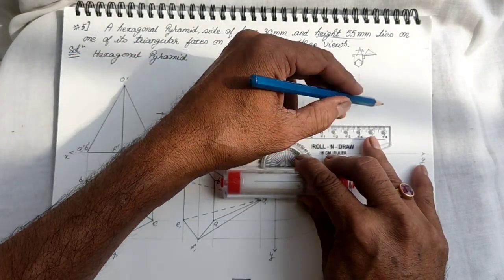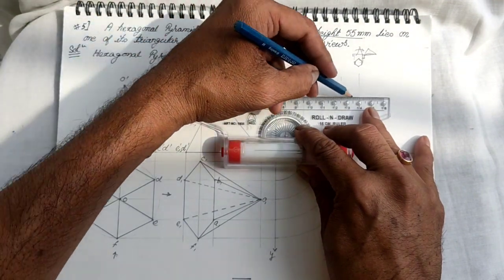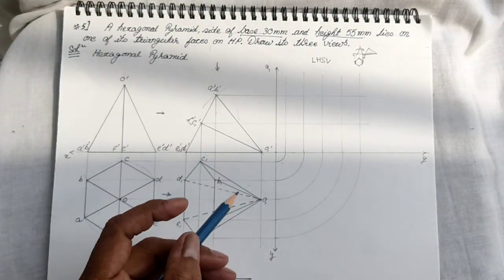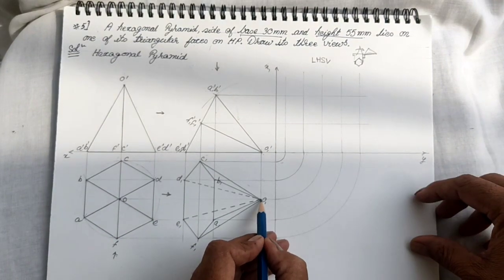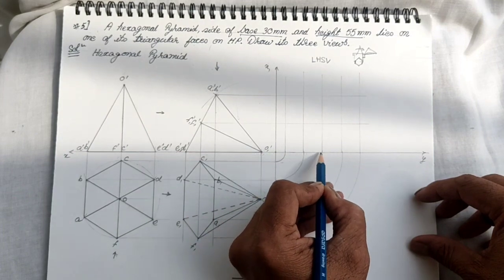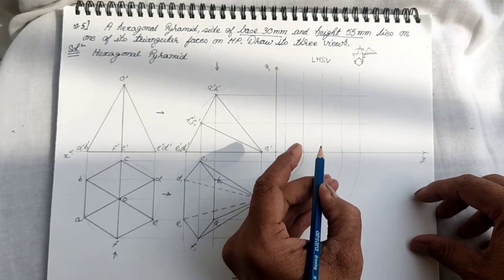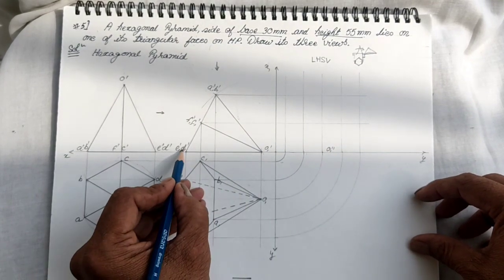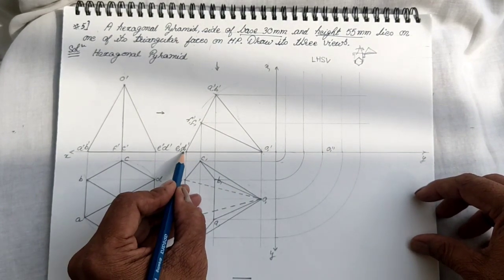This is F and C, and this is A and B. So this is projector for O. This is height of O. So this is O1 double dash.